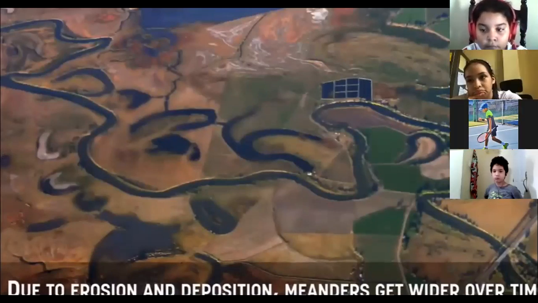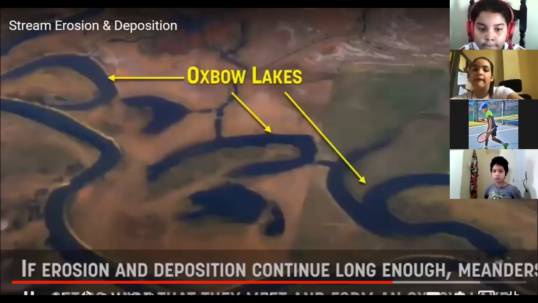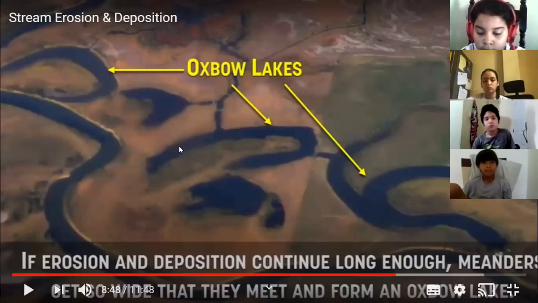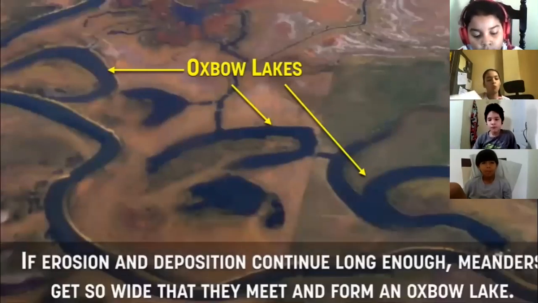Going further with this, due to erosion and deposition, meanders, these side-to-side bends, get wider over time. So they actually bend further away from each other. And if erosion and deposition continue long enough, the meanders get so wide that they cut themselves off from the river itself.